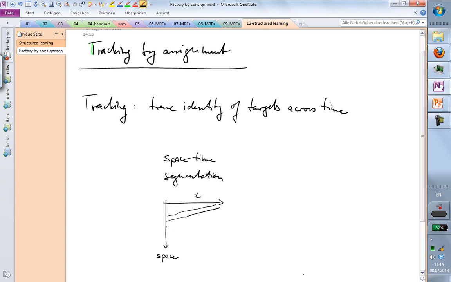And if we have data in which occlusions can occur, let's say I have a stationary particle here, and then another one which is moving, I may obtain something like this. But we want to trace the identity of objects.